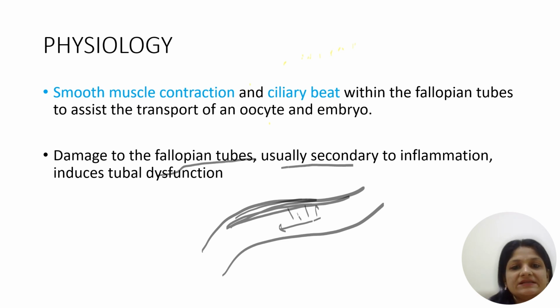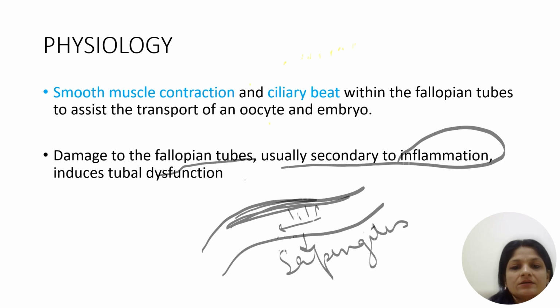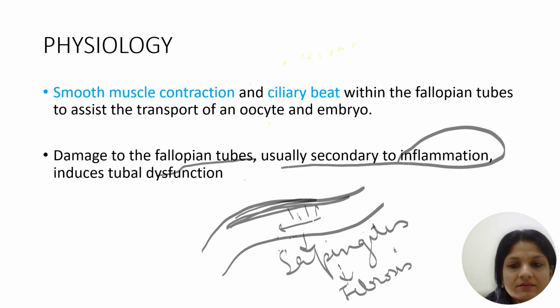It's commonly seen secondary to any sort of inflammation, which will produce tubal dysfunction. If the tubes are inflamed, that condition is known as salpingitis. An end result of any inflammation is always fibrosis. Adhesions, fibrosis. So this will block the tube. Any blockage will subsequently lead to an ectopic.